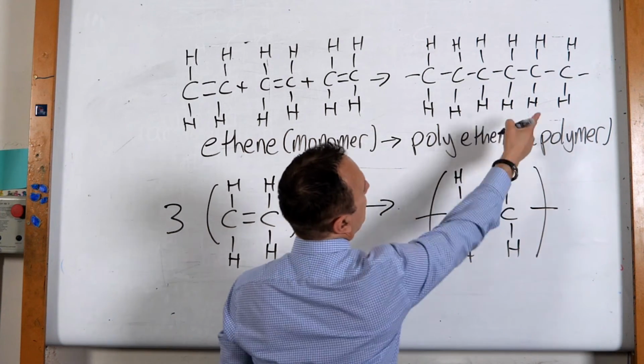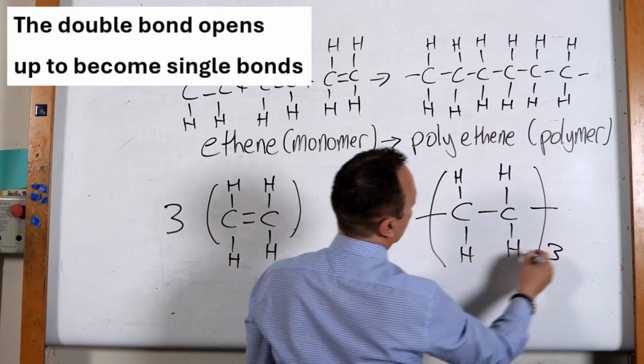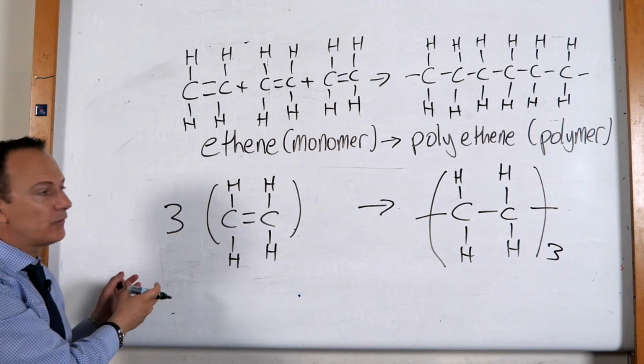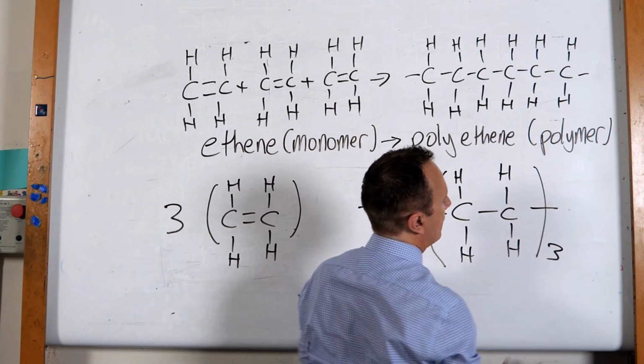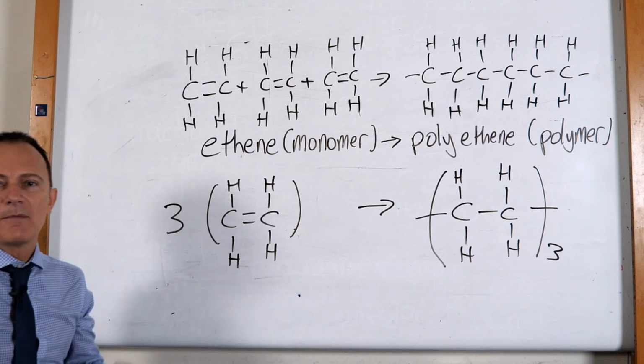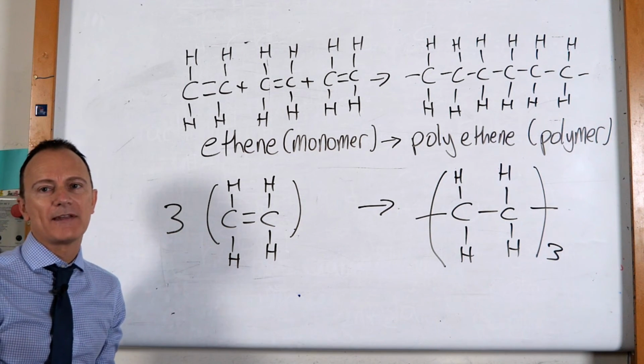And notice how I'm showing those double bonds sticking out. So if we start with 3 molecules of ethene, we would make a molecule like this, but it would be 3 times longer. But in practice, we might have 10,000 molecules of ethene.